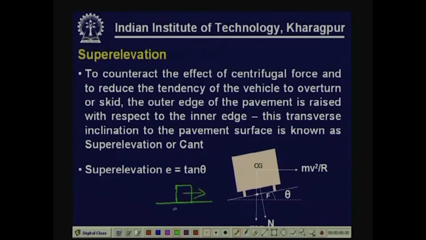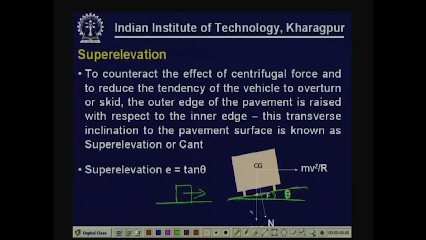Now, we have made an inclination of the road surface in the transverse direction like this, at an angle theta. So, a slope is provided to counteract the effect of centrifugal force and also to reduce the tendency of the vehicle to overturn or skid.